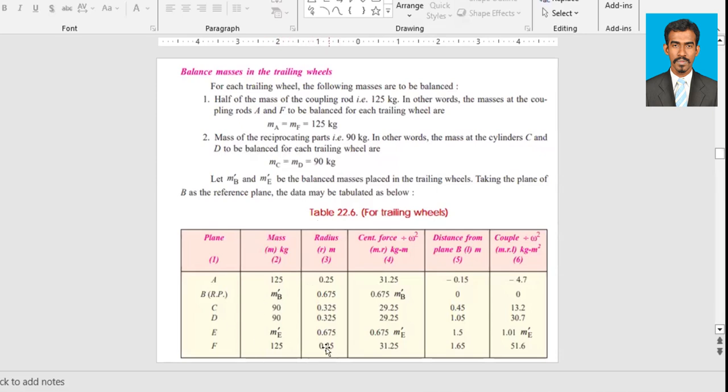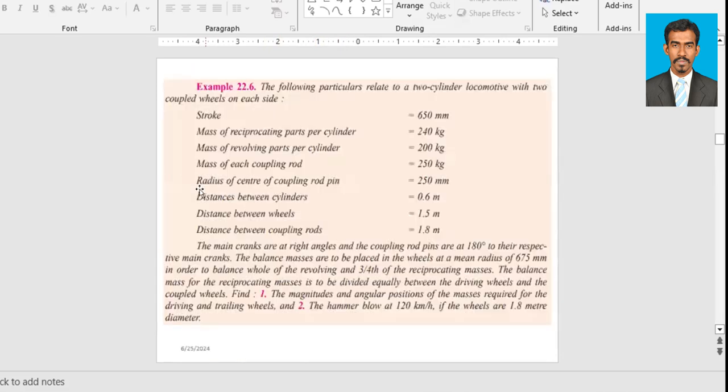Now we'll go for the radius. As I already mentioned, the radius of rotation of the pin of the coupling rod is 0.25. The radius of the center of the coupling rod is 250 millimeter, that is 0.25.